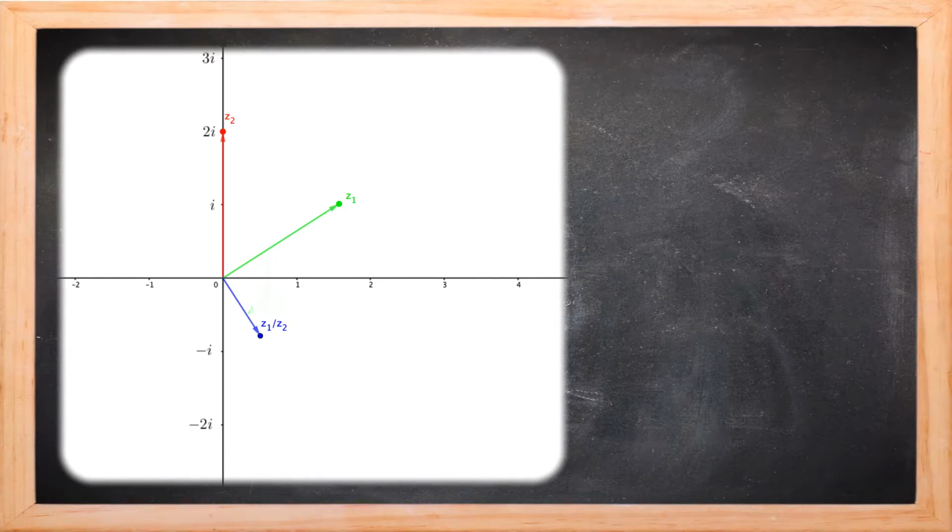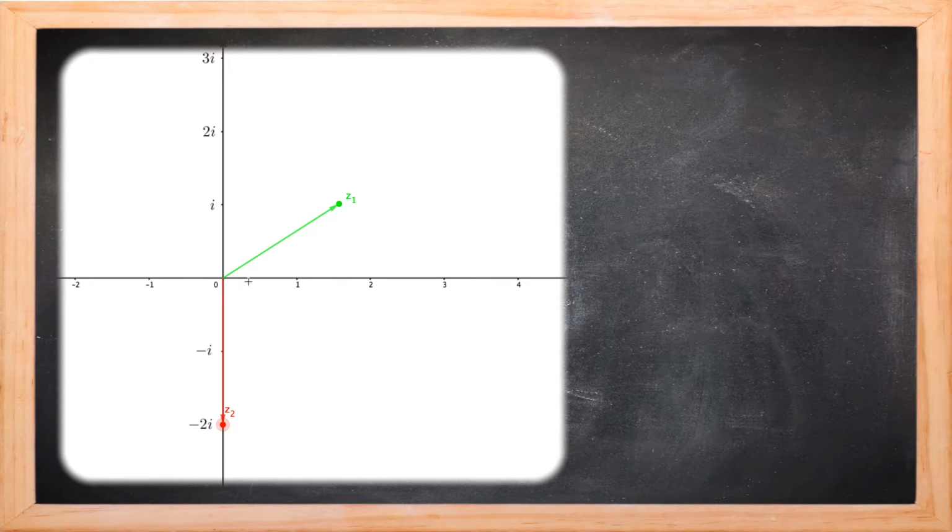So let's look at a different situation where we're taking z1 and dividing it by negative 2i, and see if we can predict what's going on. Probably a scaling of 1 over 2, since the modulus of negative 2i is 2, so a scaling of a half.